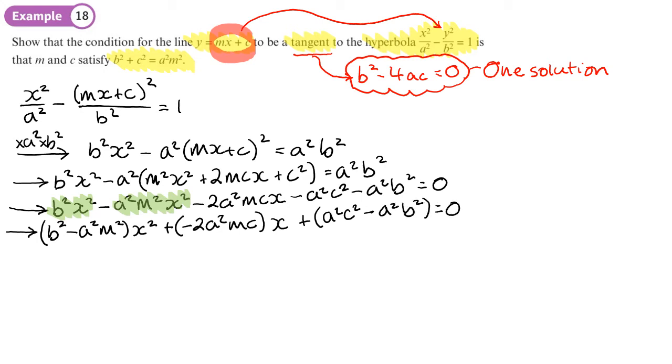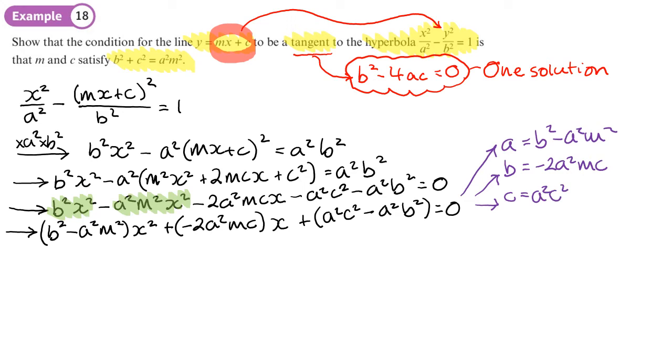Right, so I now have my values of a, b and c for the discriminant. So a in the discriminant is going to be b squared minus a squared m squared. B in the discriminant is going to be negative 2a squared mc, and c in the discriminant is going to be a squared c squared minus a squared b squared.